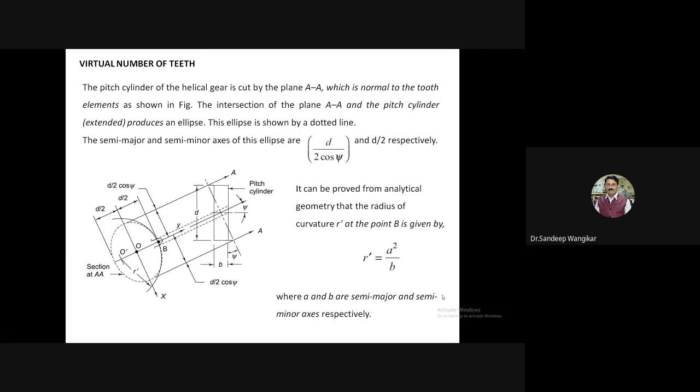In that section, perpendicular to the tooth, we can imagine the spur gear, and further we can apply all the formulas for spur gear for solving the numericals also. Therefore, we imagine a spur gear by taking a cross section at a plane which is perpendicular to the tooth element. So this is the background, and let us start.